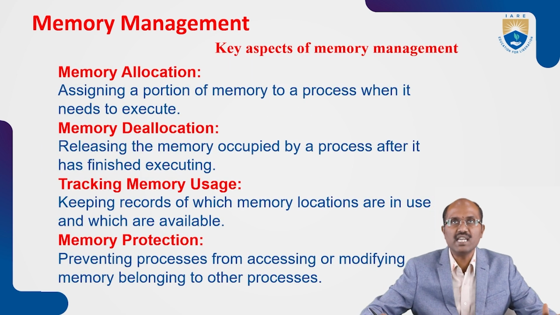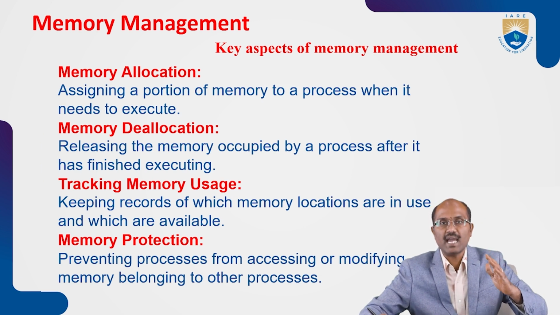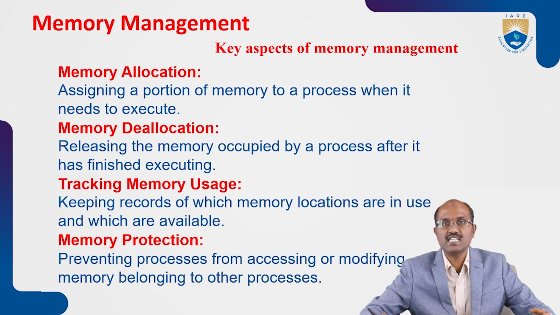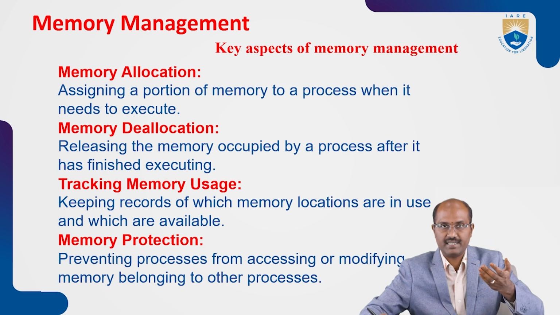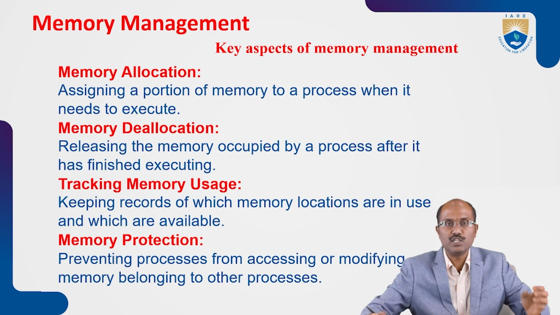What are the key aspects of memory management? The main key aspects are memory allocation, memory deallocation, tracking of memory usage, and memory protection. Memory allocation is assigning a portion of memory to a process when it needs to execute.